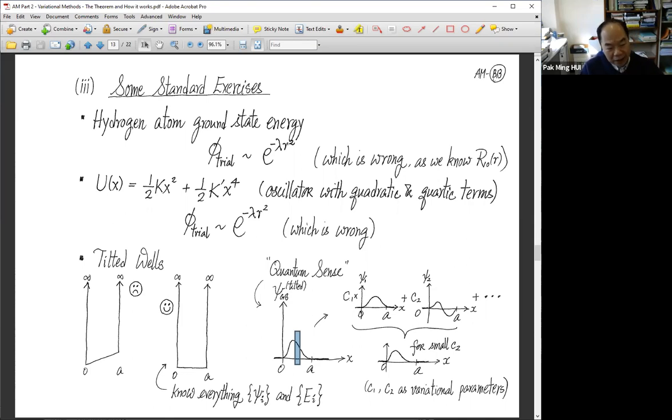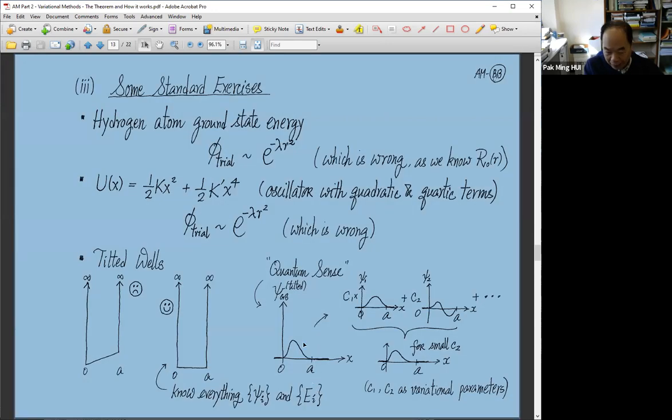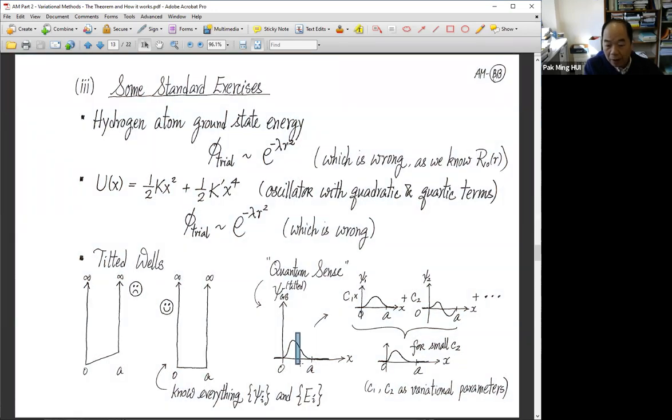So do you understand this quantum sense argument? Okay, is that okay? Now, with this sense already built in, you can think about a trial wave function that looks like this, okay? Now, this problem is rather like this, except for the tilted bottom.